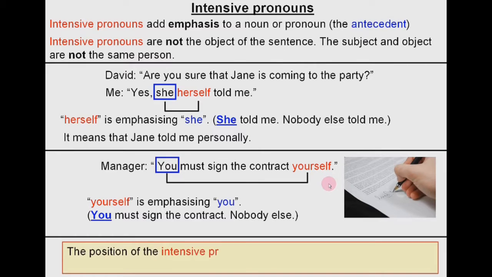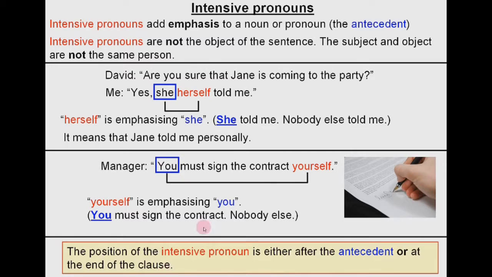And as you can see, we have two choices for the position. The position of the intensive pronoun is either after the antecedent or at the end of the clause. So here we have placed it after the subject, and here we have placed it at the end of the clause.